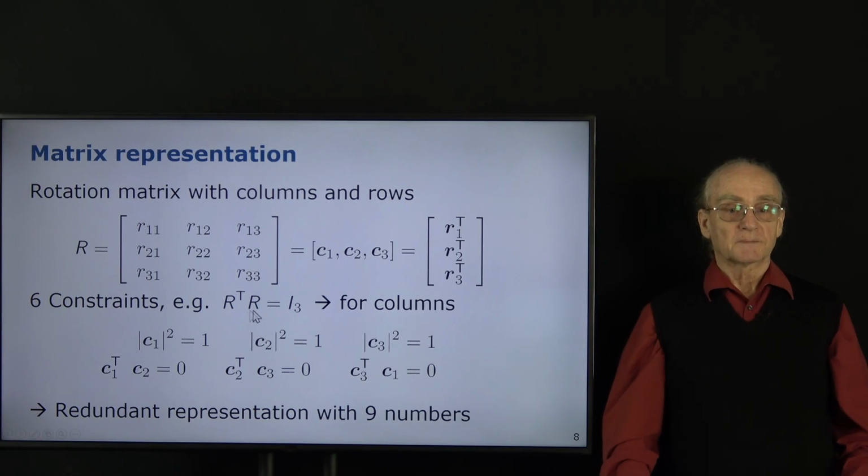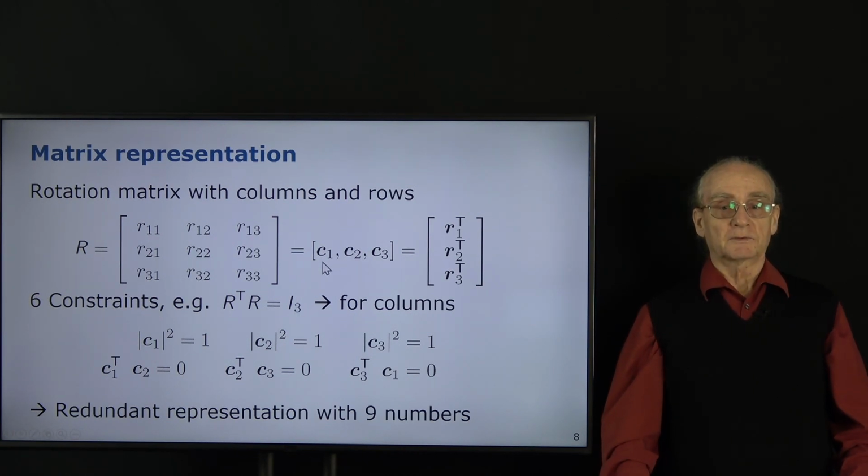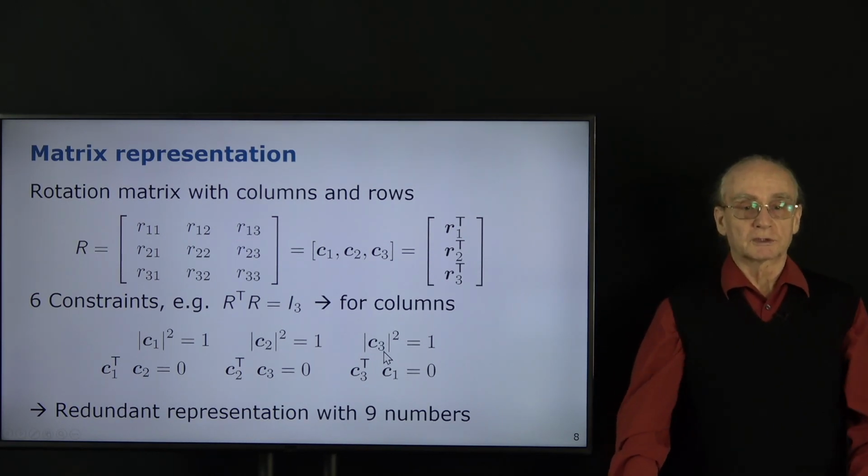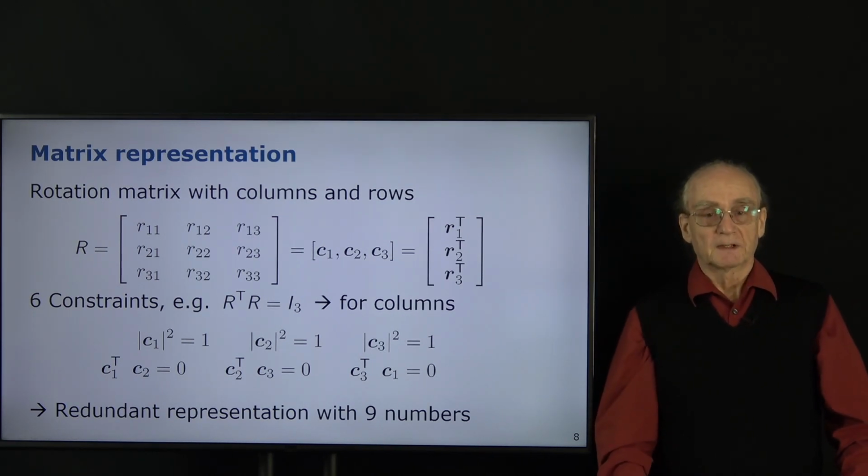And now, because we have this constraint that the transposed multiplied with the rotation is the unit matrix, we see that the columns, if we multiply them with themselves, that means taking the dot product or taking the length, have the following constraints. If we take the diagonal elements of this unit matrix, we get the length of C1 should be 1, of C2 and of C3. That means the columns of the rotation matrix are unit vectors.